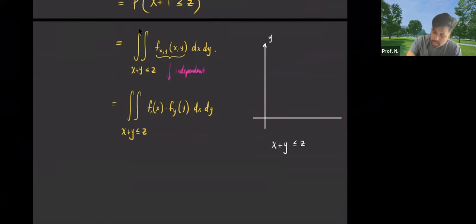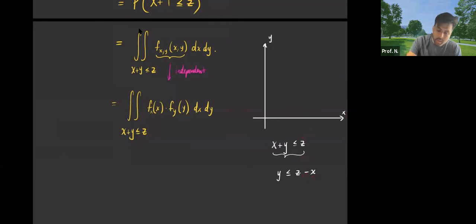This is the y-axis, this is the x-axis. Normally we would rewrite this as a function of x, so y is less than or equal to z minus x. Z here can be treated as a fixed value, and then minus x.